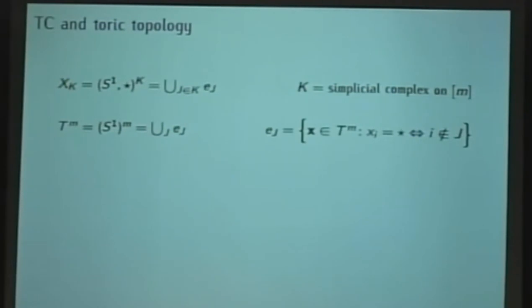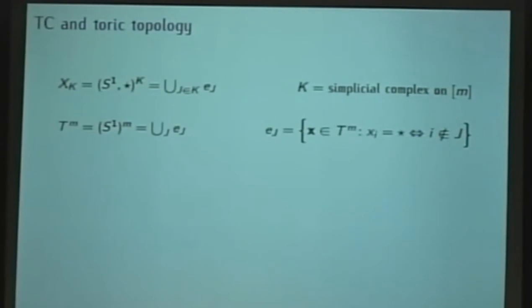So you look at Tm, and you take the minimal cell decomposition on that thing. In other words, you have the circle, which has two cells, and then you take the m-th power of the cell decomposition.